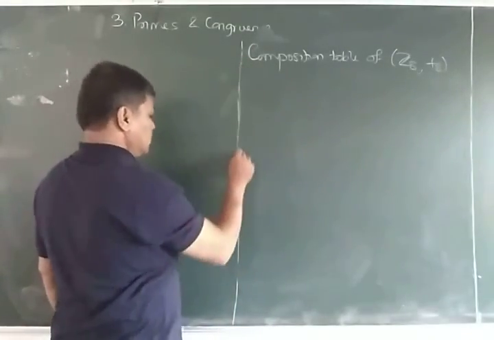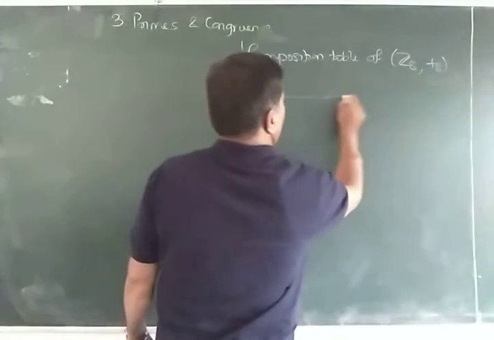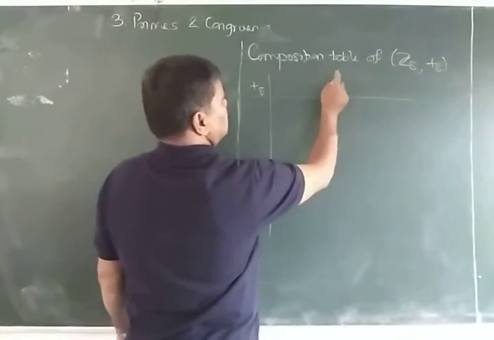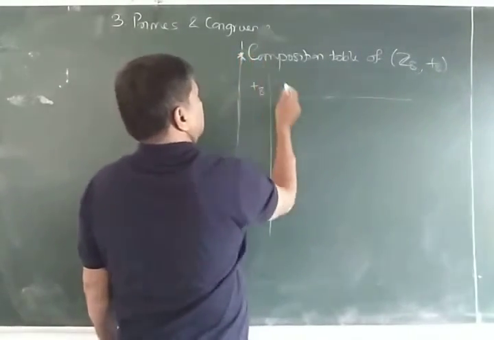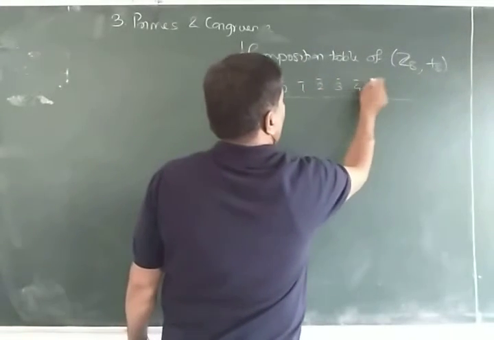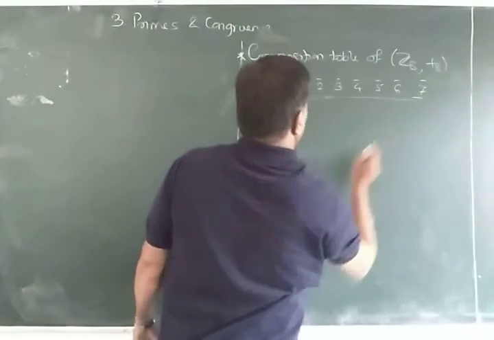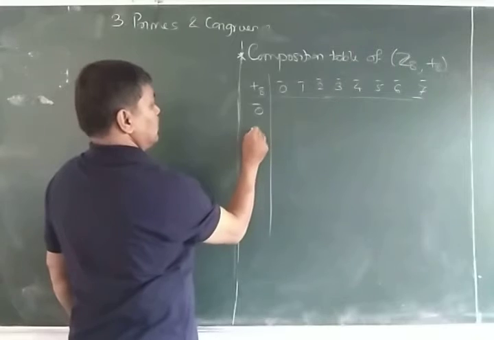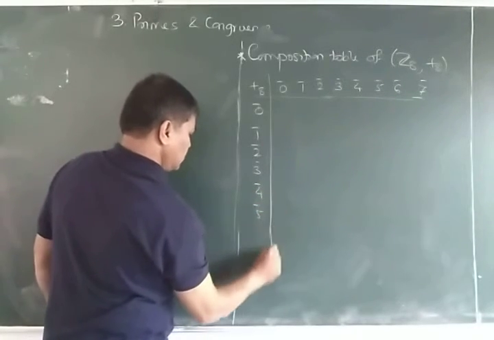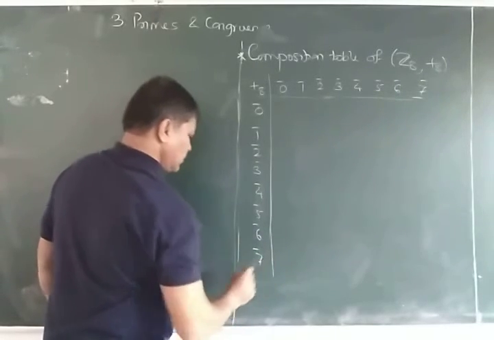So what we'll do, we have to prepare the composition table of Zn with elements 0 bar, 1 bar, 2 bar, 3 bar, 4 bar, 5 bar, 6 bar and 7 bar, along both rows and columns.